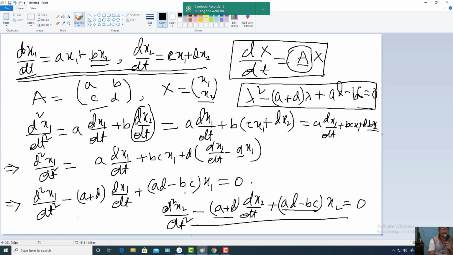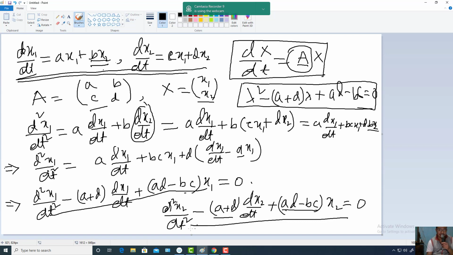For the first differential equation, if the characteristic roots are lambda 1 and lambda 2, then the solution is capital A e to the power lambda 1 t plus capital B e to the power lambda 2 t, where capital A and B are constants according to the initial condition.